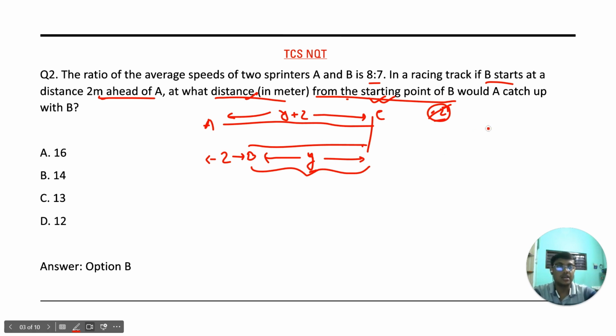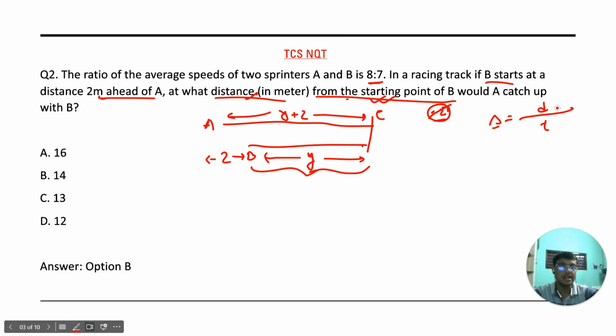Now, one essential thing that the question uses is that speed is equal to distance by time. Here we can see that the speeds are different. Also, the distances from the starting point to the meeting point are different for the two runners: one is y plus 2 and one is y.